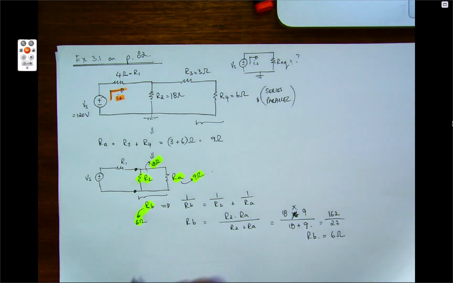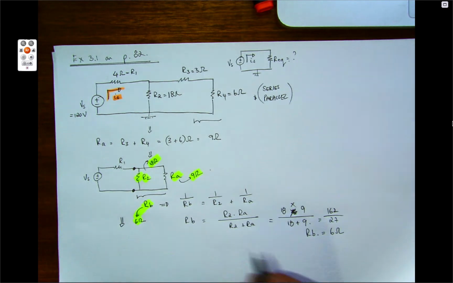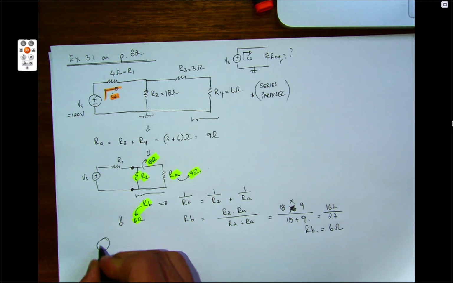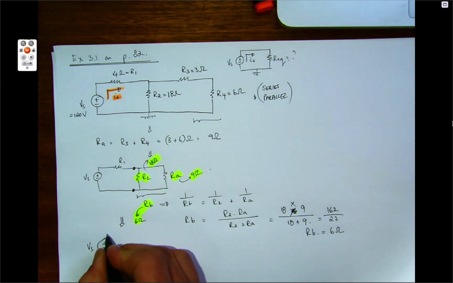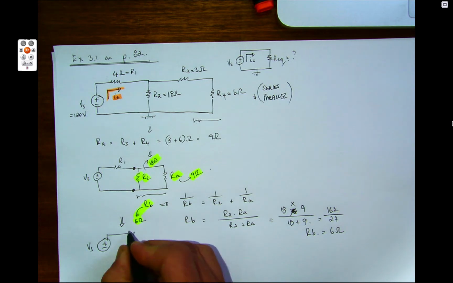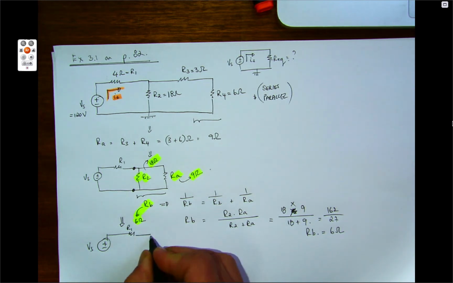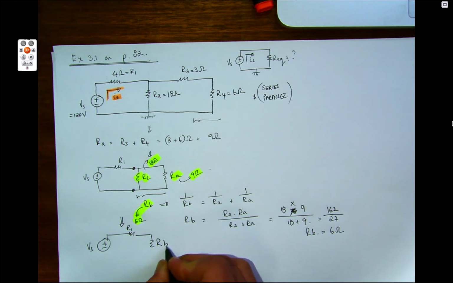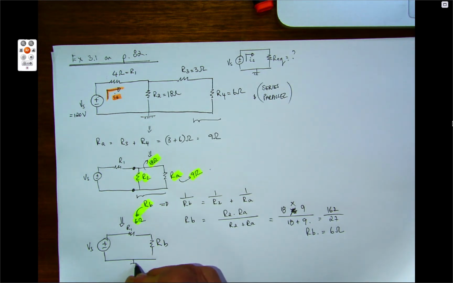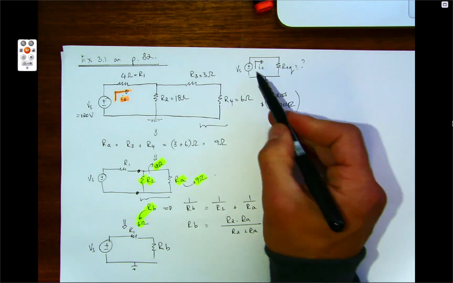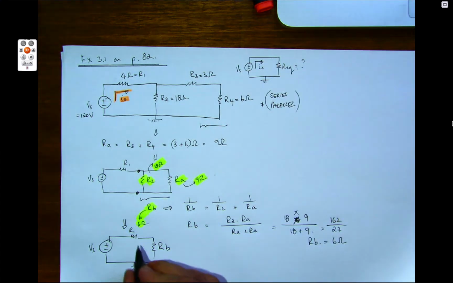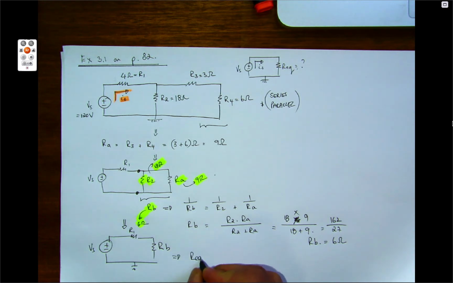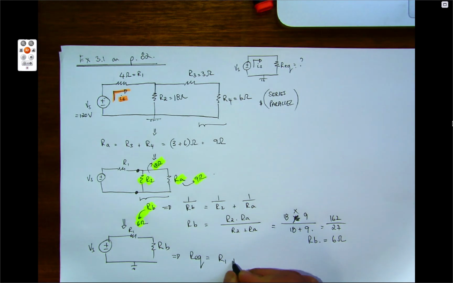All right. So what have I essentially got now? My circuit is reduced to R1 with RB over here. I'm getting very close to my goal of an equivalent circuit that looks like this. I've got the value for R1 and the value for RB, and from this I can now derive R equivalent, which is equal to R1 plus RB.